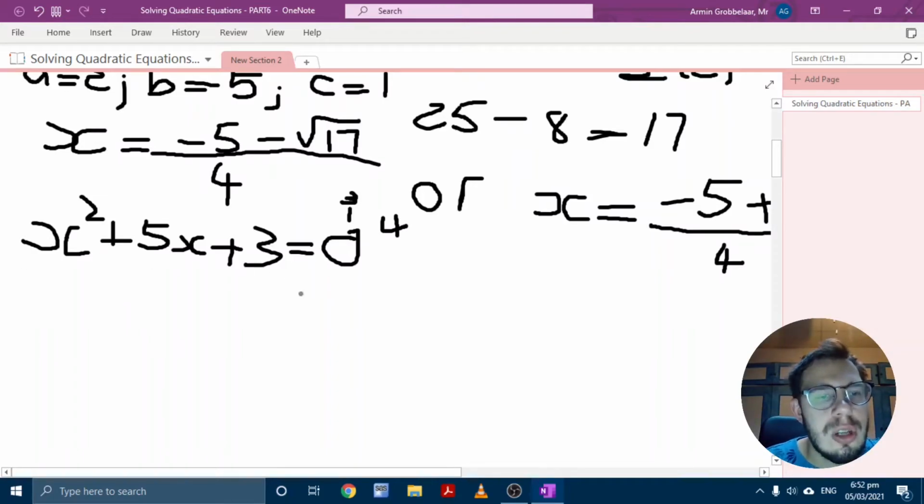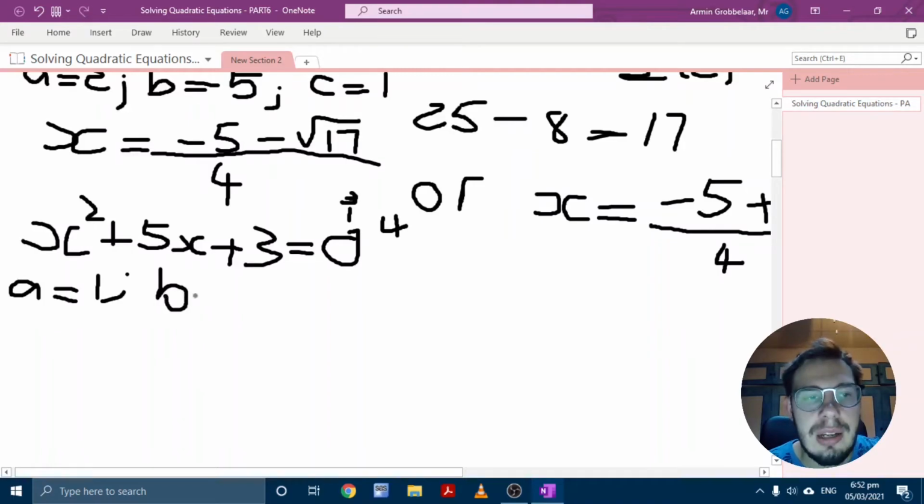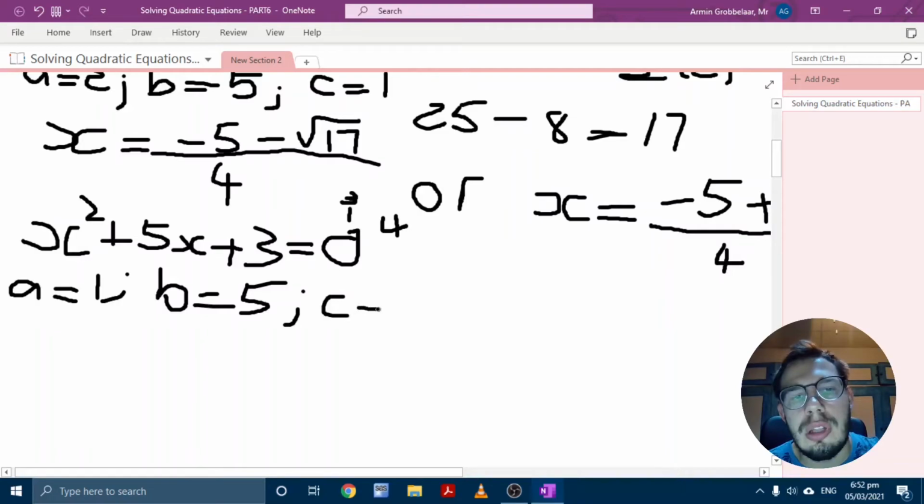So now this is also in the general form ax squared plus bx plus c, and we have all the terms on the one side and 0 on the other side, and there's a positive number in front of the x squared. So now we can say a is equal to 1, b is again in this case equal to 5, and c in this case is equal to 3.